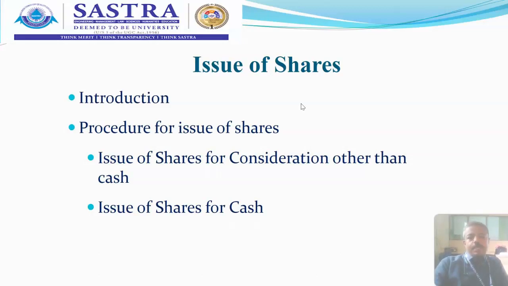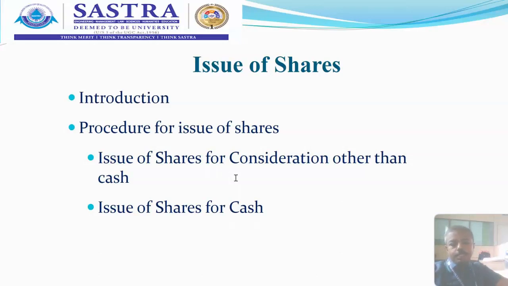Second, when share money is received in two or more installments. It happens because share money is to be received at the time of application, at the time of allotment, then at the time of first and second call. So instead of receiving payment in one installment, that is at the time of application, the company collects it in two or more installments.